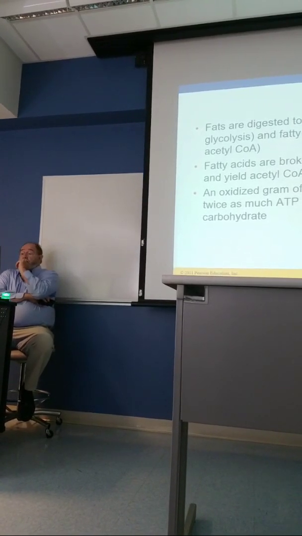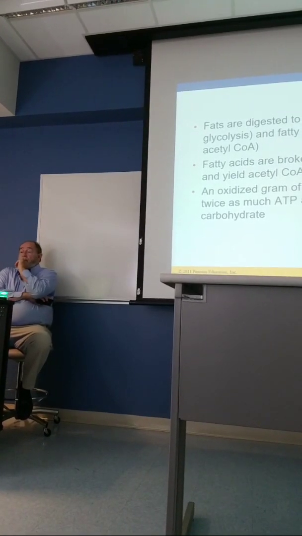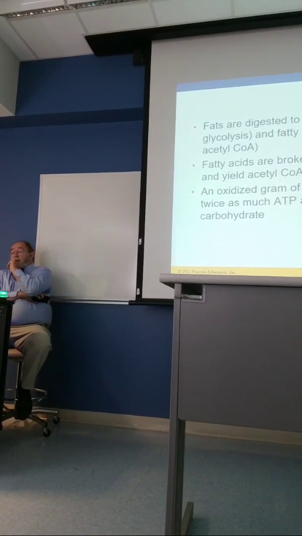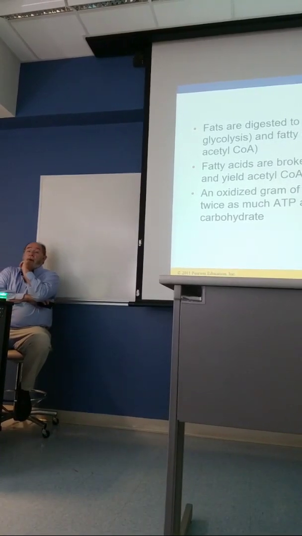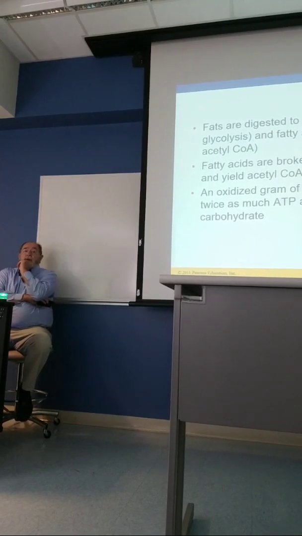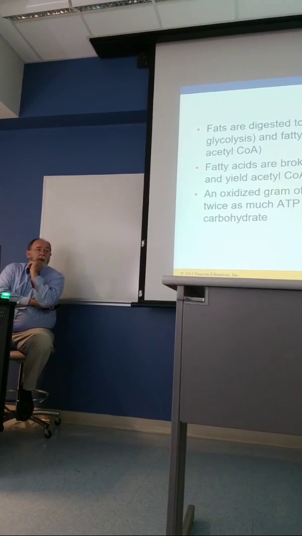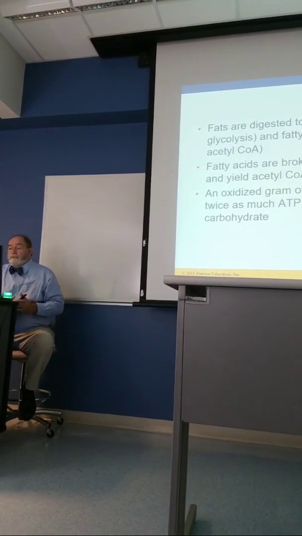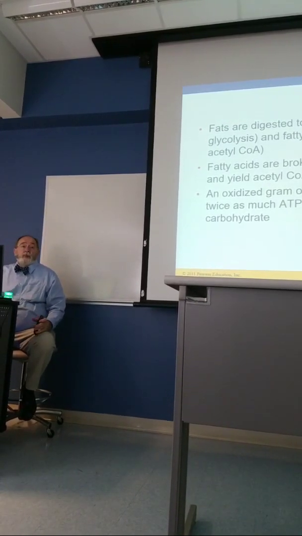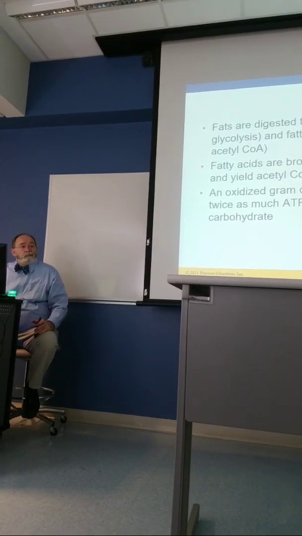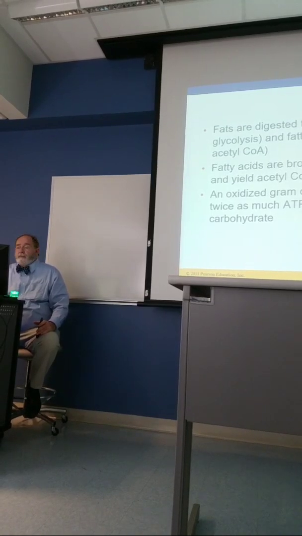An oxidized gram of fat produces more than twice as much ATP as an oxidized gram of a carbohydrate. Fats contain more energy, but they are more difficult to break down and produce not as good waste products, not as non-toxic.